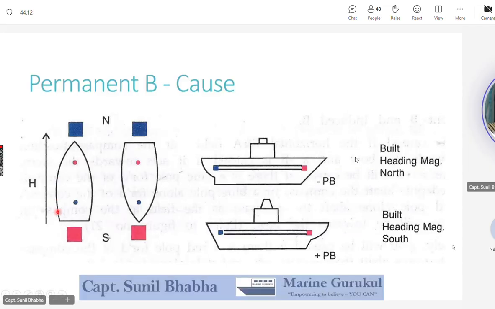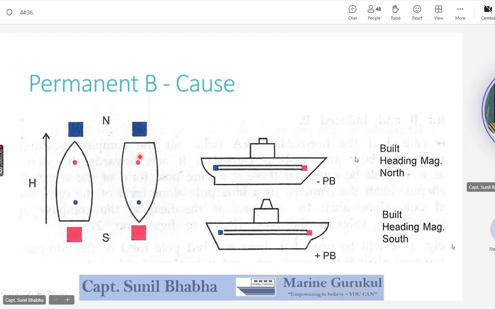If it is built in a northerly heading, the lines of force will be entering from the stern of the ship and leaving from the bow, giving the stern a blue polarity and the bow a red polarity. Now, if the ship was built on a southerly heading, then you will have a blue bow and a red stern.